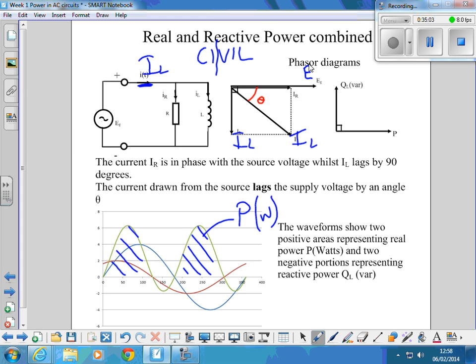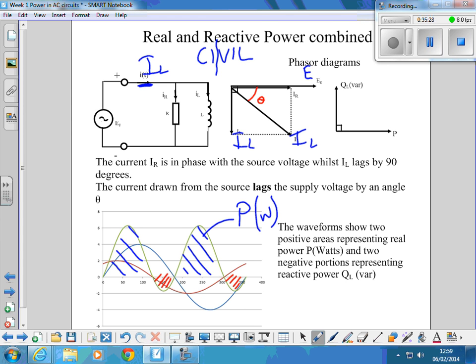These two small bits down the bottom here, there and there, their size again will depend upon the relationship between how much in phase current and how much out of phase current we've got, i.e. the difference between the reactive and the active currents.